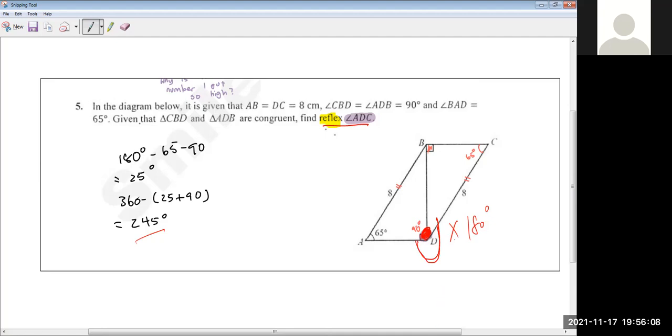Okay, so what are the concepts involved here? Let's look at it. This is 65. The reason is, over here it says congruent. Do you know the meaning of congruent? Any idea?